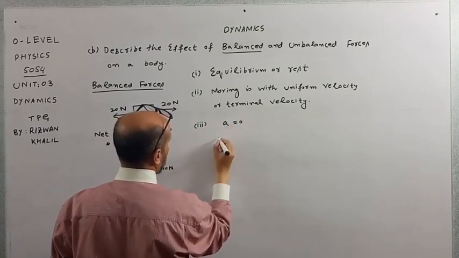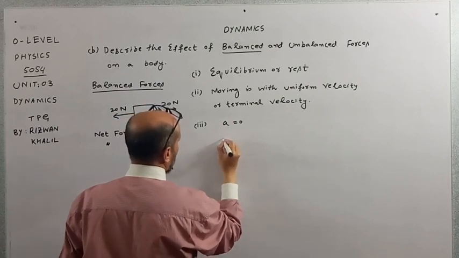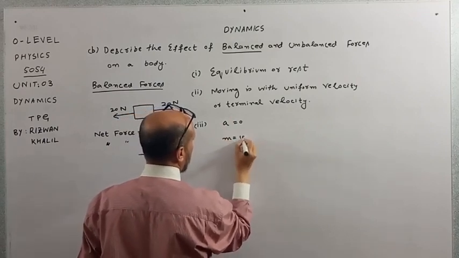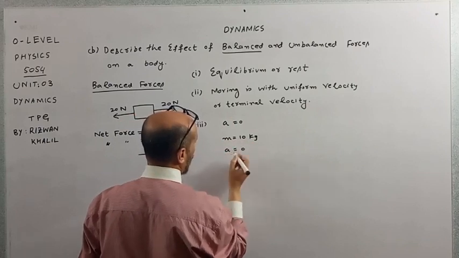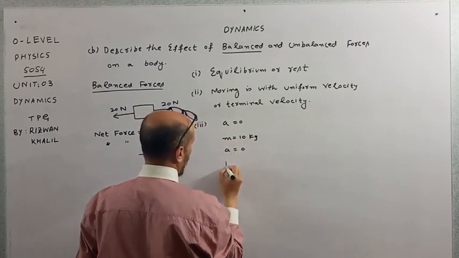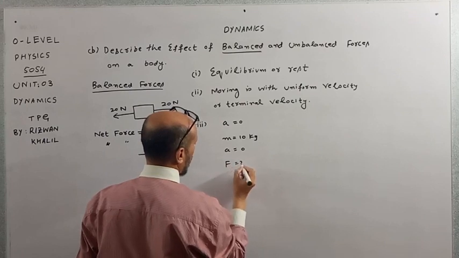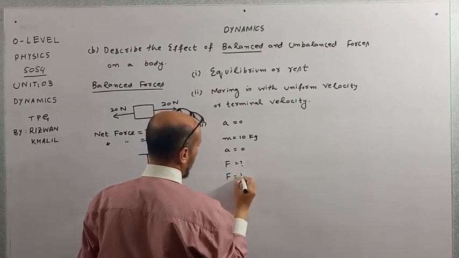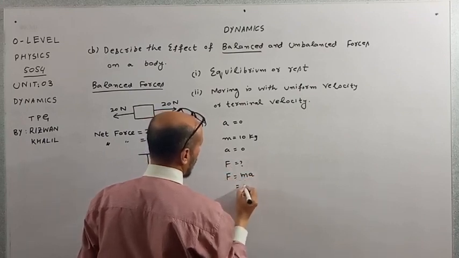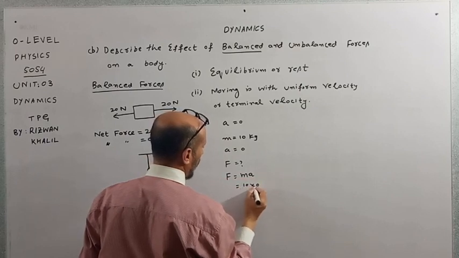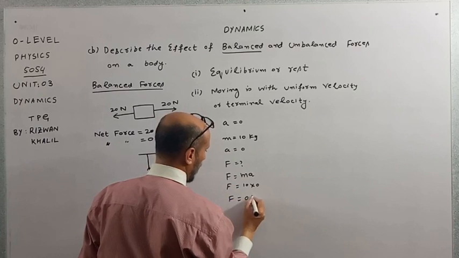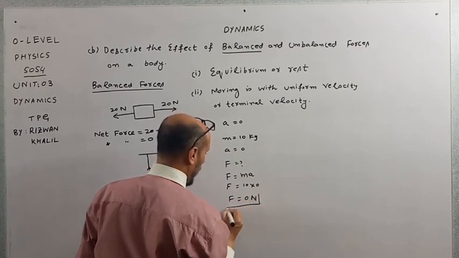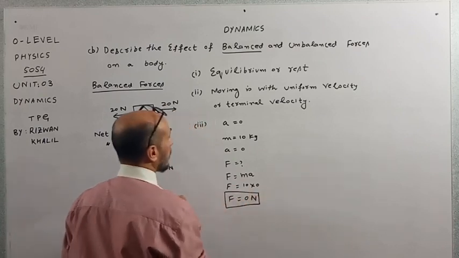If body is at rest, let's suppose mass of the body was 10 kg, body was at rest, definitely acceleration will be equal to 0. Then what will be the value of force? Value of force will be equal to 10 into 0. That is, no net force was acting on the body and body was in the state of rest.